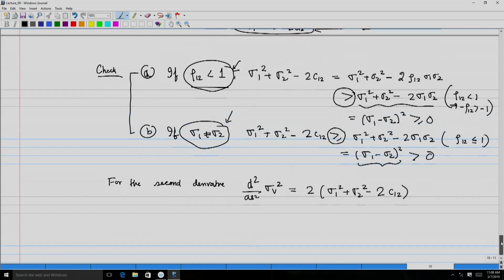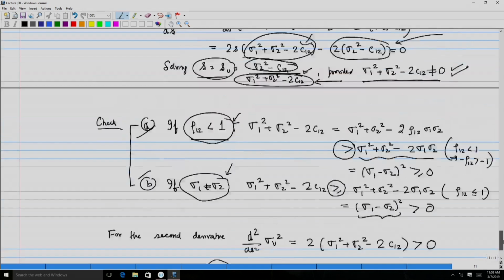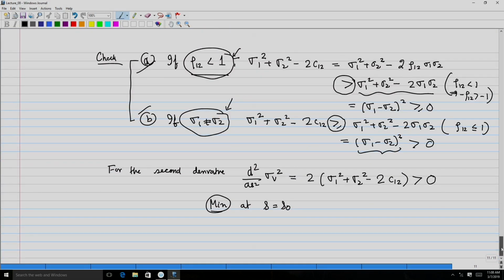And we have already shown for both the case A and case B that this is always going to be strictly greater than 0, and hence minimum is attained at S equal to S naught that we have derived above.